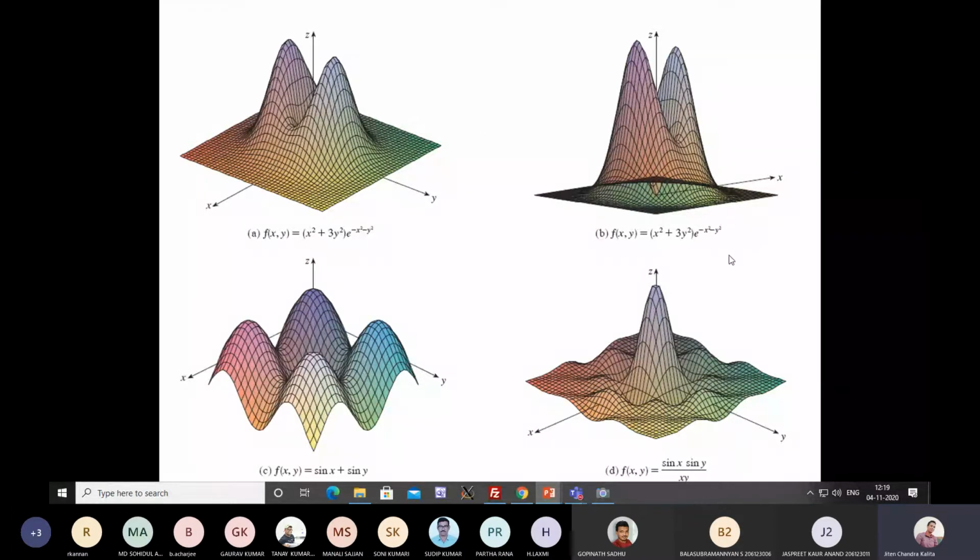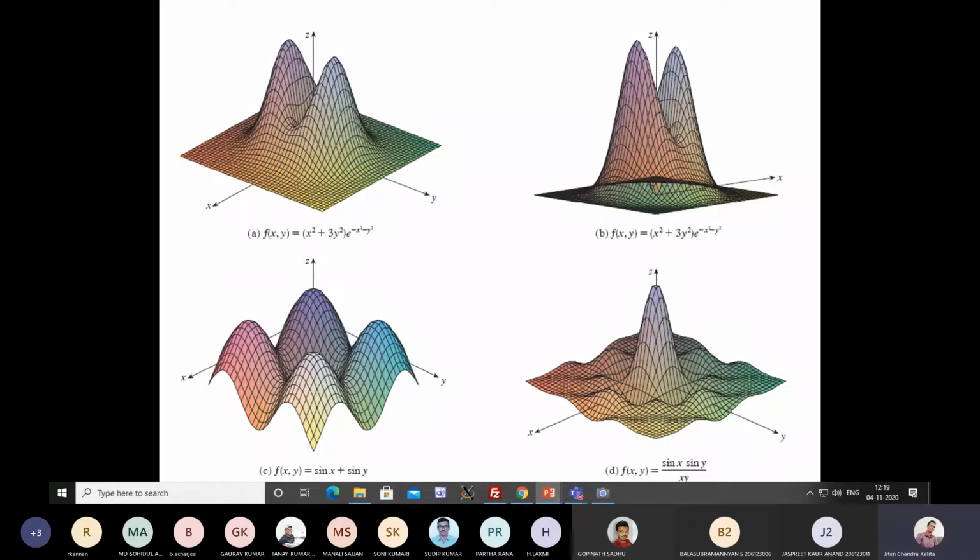Although a bell shape can be generated through some other function also, generally this generates a bell-shaped surface. Similarly, this is sin x plus sin y. This is sin x sin y by xy. So these are pictures of different surfaces.